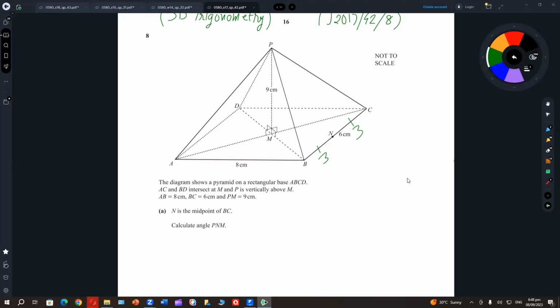He says calculate angle PNM. So I have marked it 3, 3, and all angles are 90. Pyramid on a rectangular base. Even this is a rectangle. So first, I think we need PM. We need some extra sides.